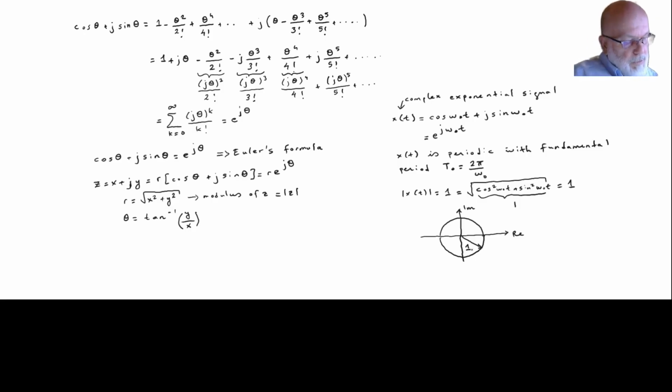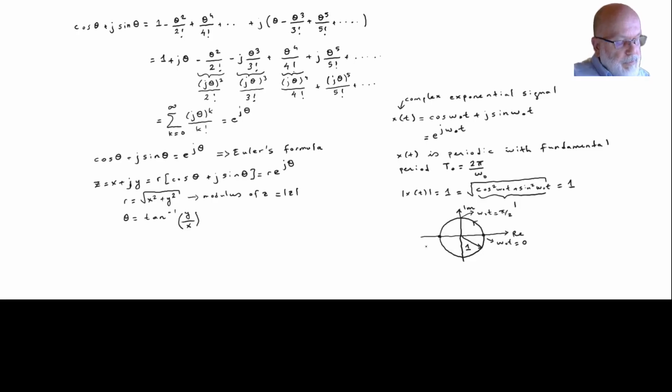Now, as you see, when t takes different values, for instance, let us start with t equal to 0, so at omega 0 t equal to 0, or t equal to 0, we will be at this point. And then here, omega 0 t is equal to pi over 2. So we are traversing the circle in the counterclockwise direction.